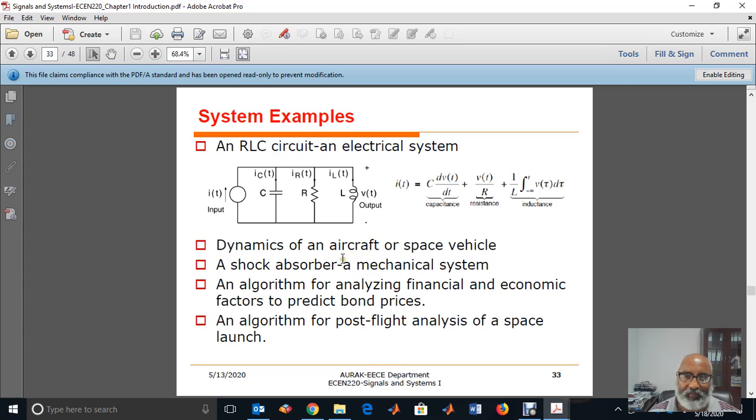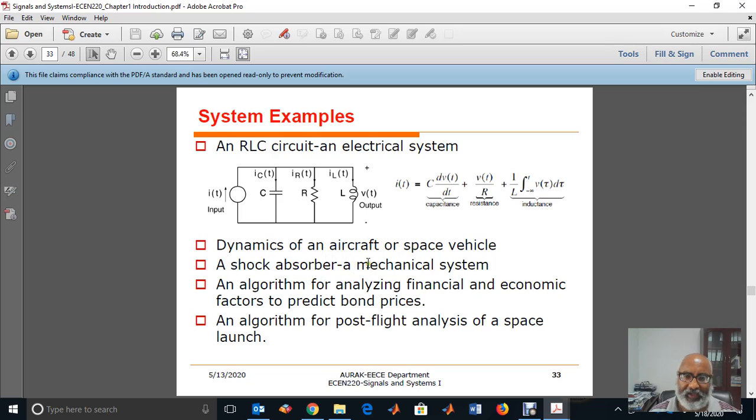We can have, for example, an aircraft flying at a certain velocity v. It has a control system with several input variables, and the aircraft should fly at a certain speed or velocity v, or at a certain altitude h from the surface of the earth.